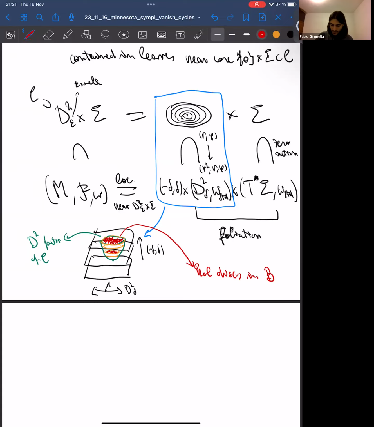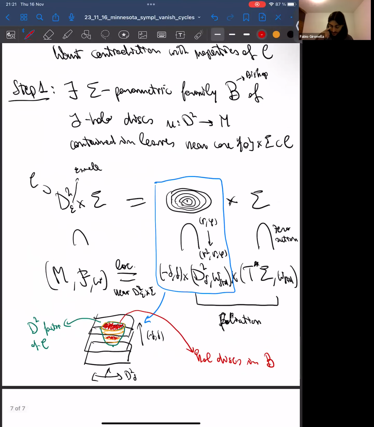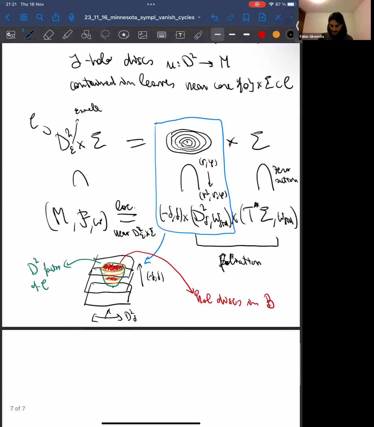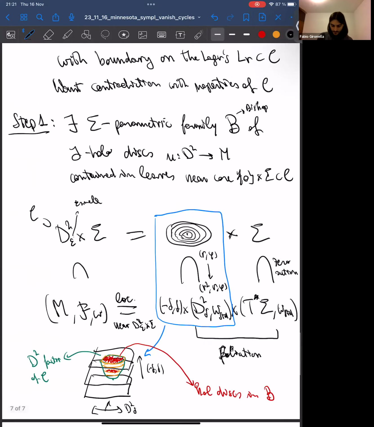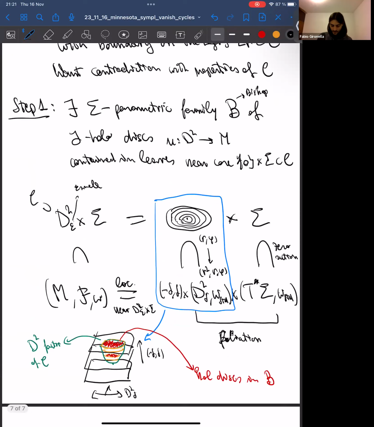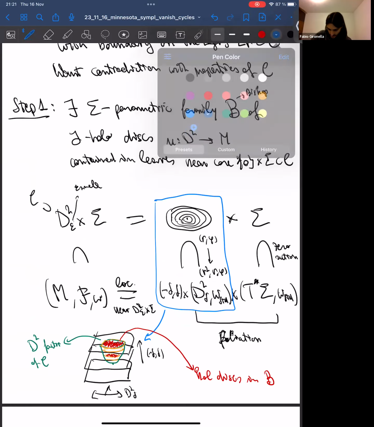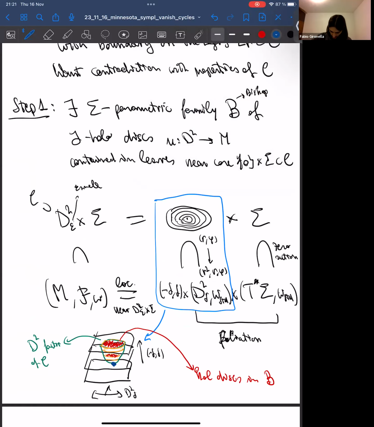This family is called the Bishop family because it's similar to a family of holomorphic disks that was studied by Bishop originally for some kind of problem in complex geometry. But anyway, this is an explicit family of holomorphic disks near the core. The core of the vanishing cycle essentially is this point times sigma.